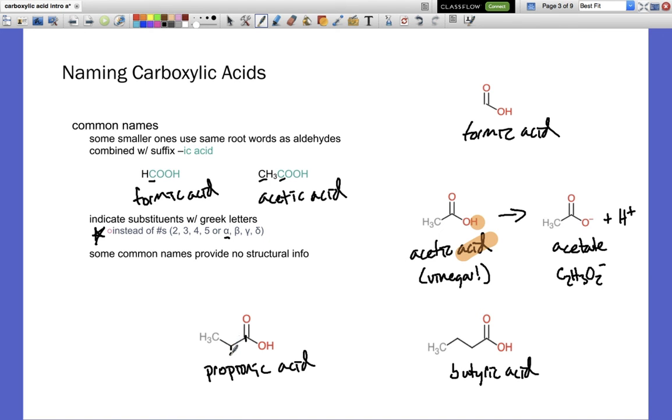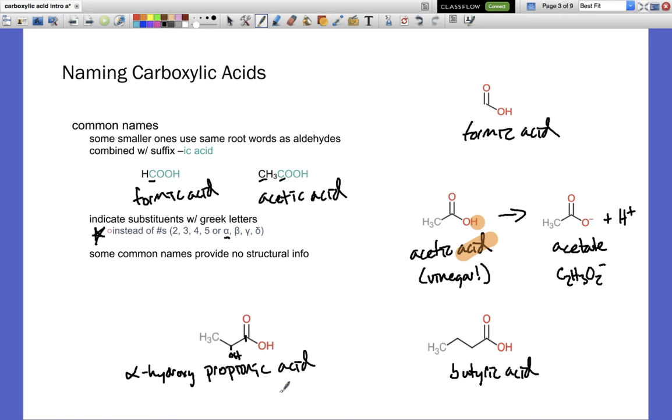So if I put that hydroxyl group here like I did before, I can't say 2-hydroxypropionic acid. I have to say alpha hydroxypropionic acid. So again, that makes things a little bit more complicated than you probably want them to be. So I don't usually use the propionic acid name.